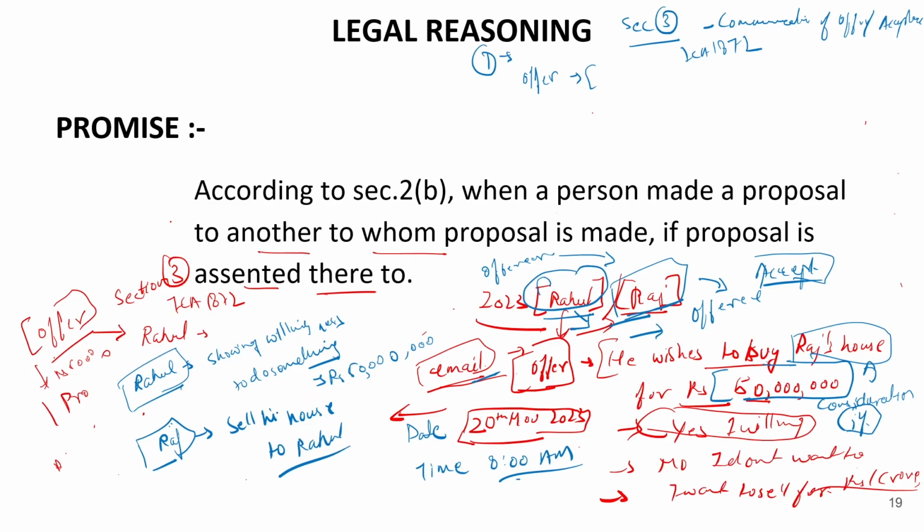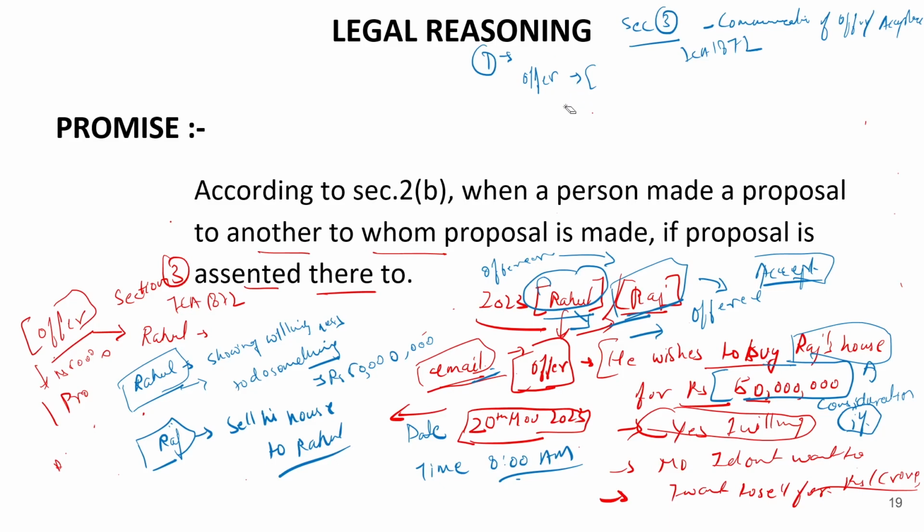So that willingness and that act of Rahul clearly show that he has made the offer. And as already told to you, that offer was made by Rahul via email communication, and that offer was communicated.